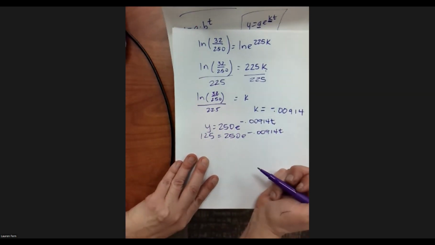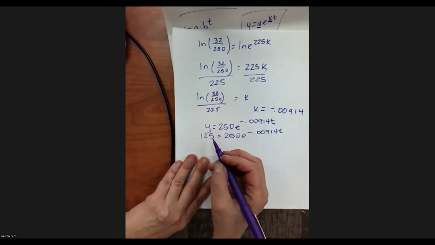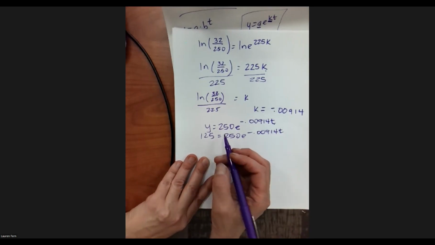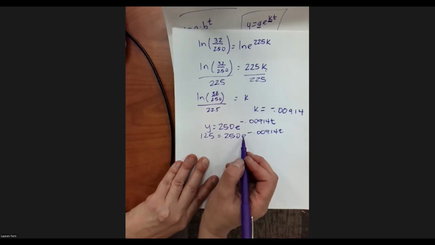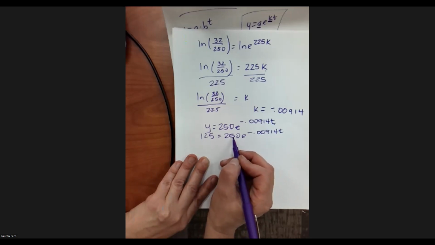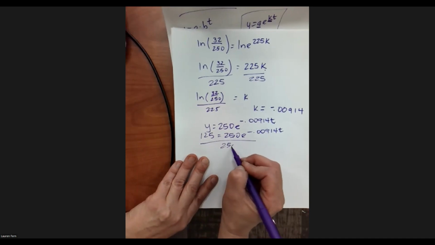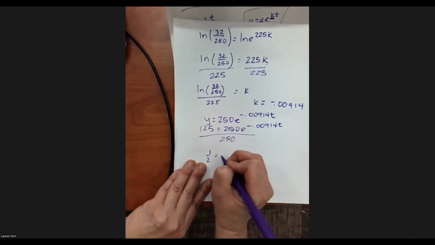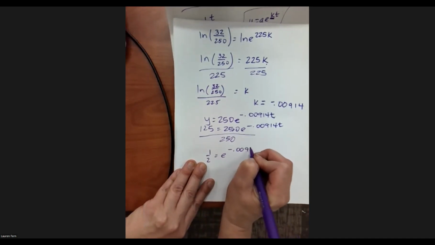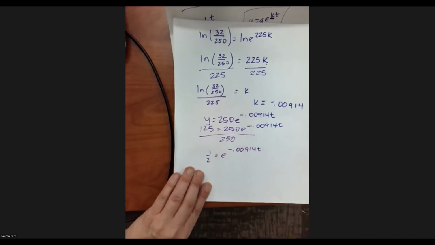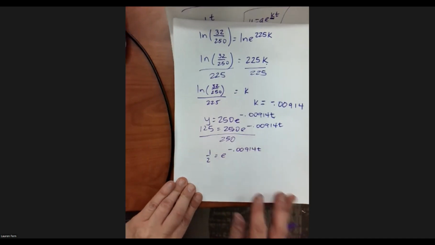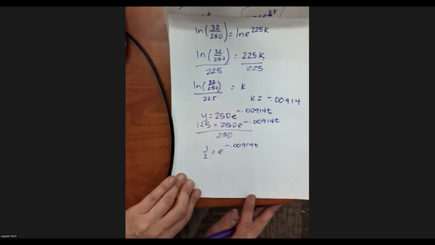Can I solve for t? What would be my first step? I would isolate my exponential. So I would first divide both sides by 250. And what's my next step from here?